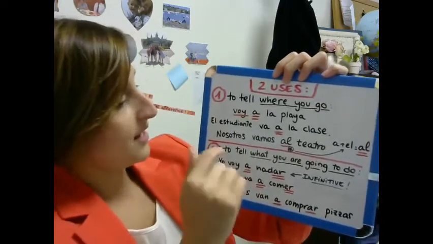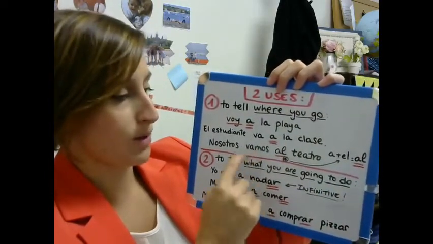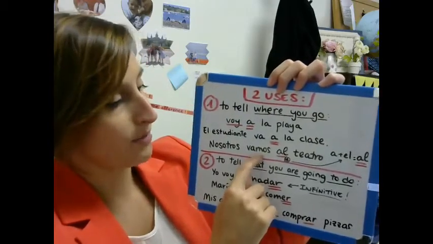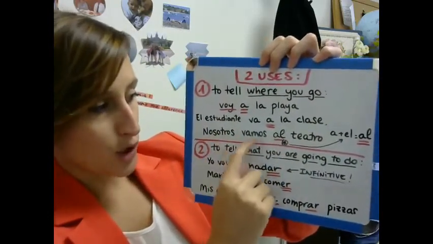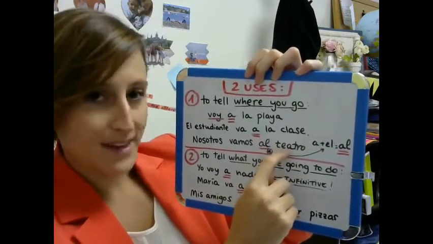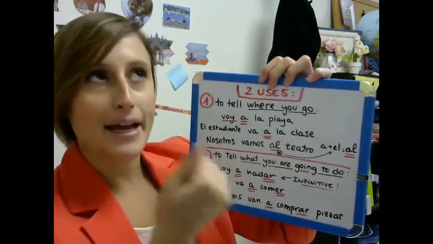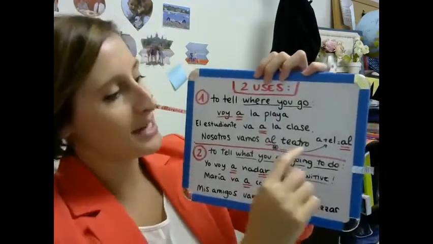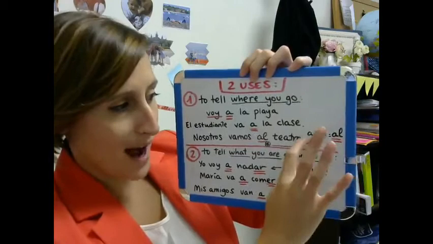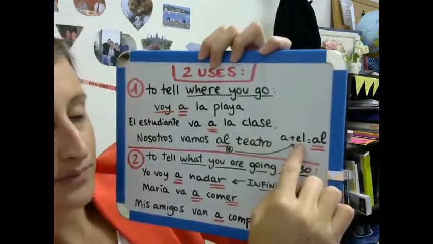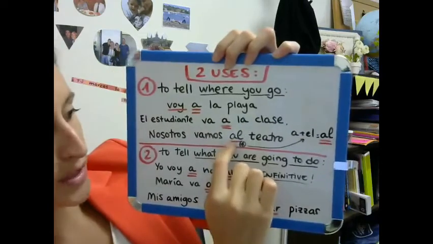And then nosotros vamos al teatro. So we go to the theater. We remember to pick the right conjugation, vamos, and then you will need the a and the place. But what happened here? If the place where you go has a masculine article, like el teatro, el restaurante, el cine, the a plus el combine, and we have to use this combined form that is al.